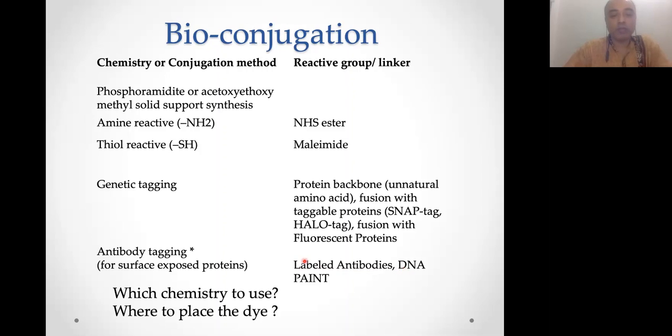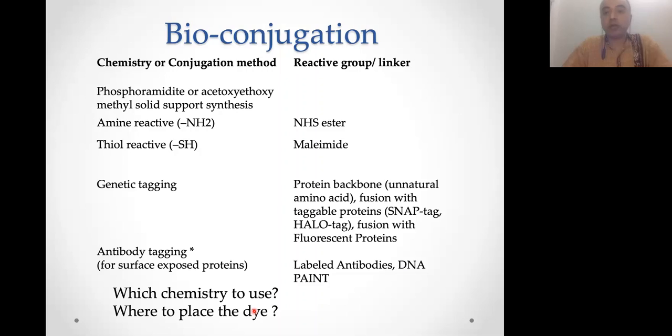Now, which chemistry do you use? That depends on the protein and the system that you're trying to tag. And where you place a dye also depends on the question you ask. For example, if you're trying to do single molecule FRET, where the exact location of the dye matters because it's such a short distance phenomenon, then you have to be very careful about where you place your dye, otherwise you will never see energy transfer.